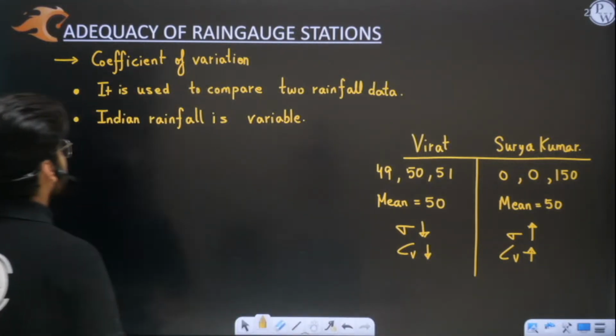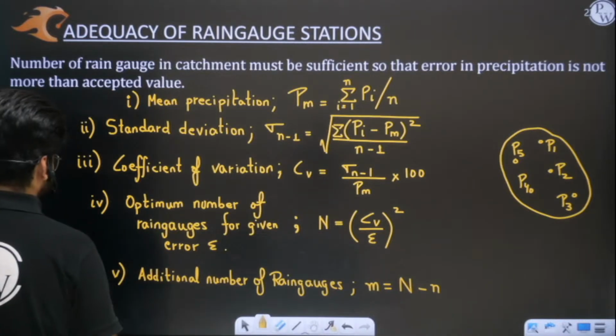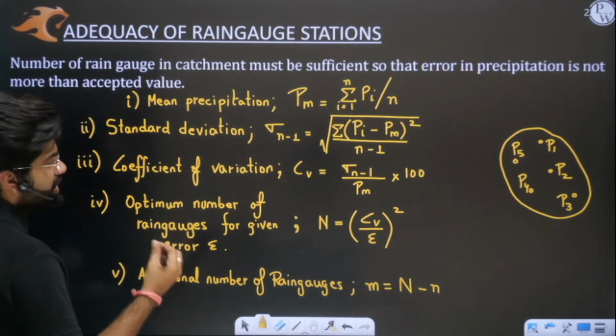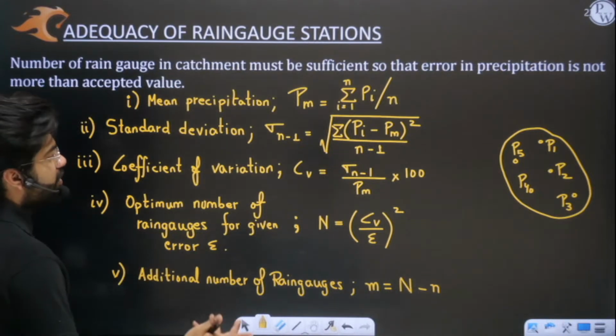Okay, so ultimately this is your coefficient of variation. Coefficient of variation is an important term. Its significance is basically to compare two rainfall data or tell you exactly how variable a rainfall is in a certain area.